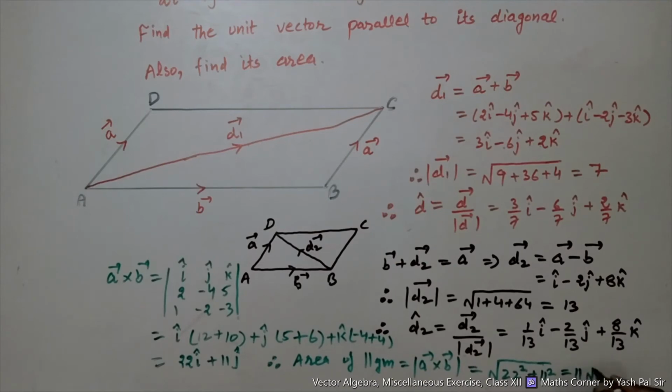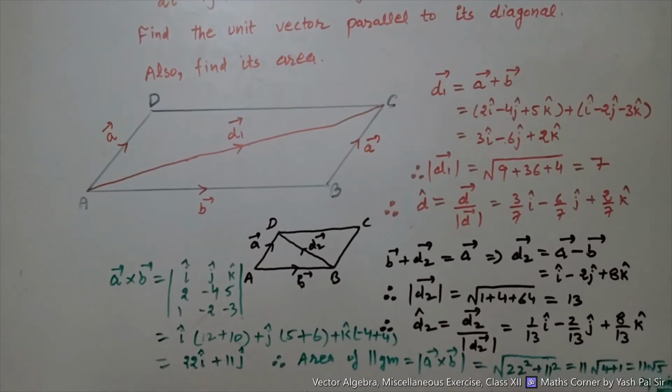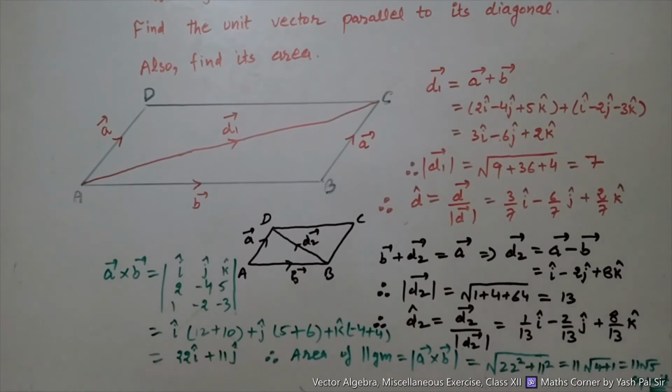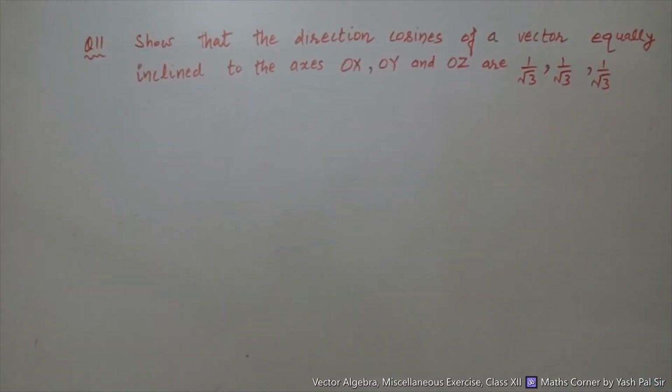Taking 11 square common, that is 11 into the square root of 2 square, that is 4, plus 1, that is 11 into square root 5 square unit. This is the area of the required parallelogram.